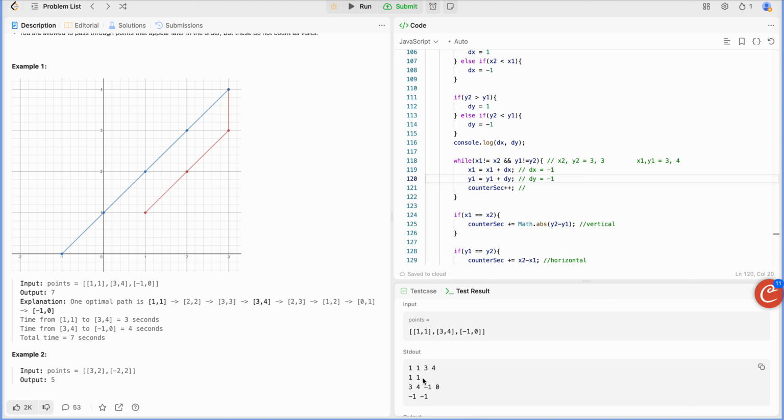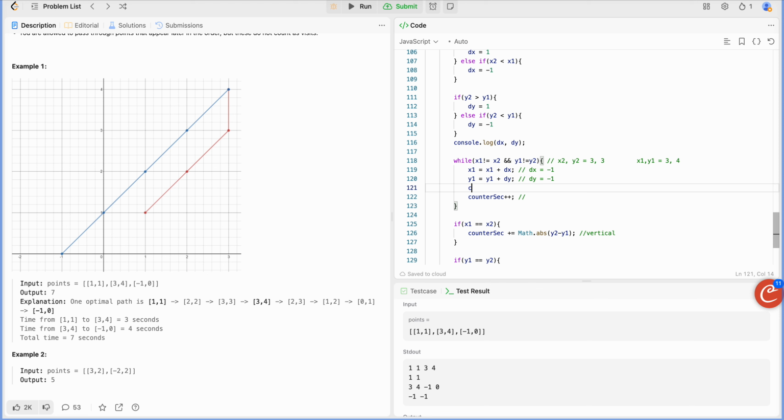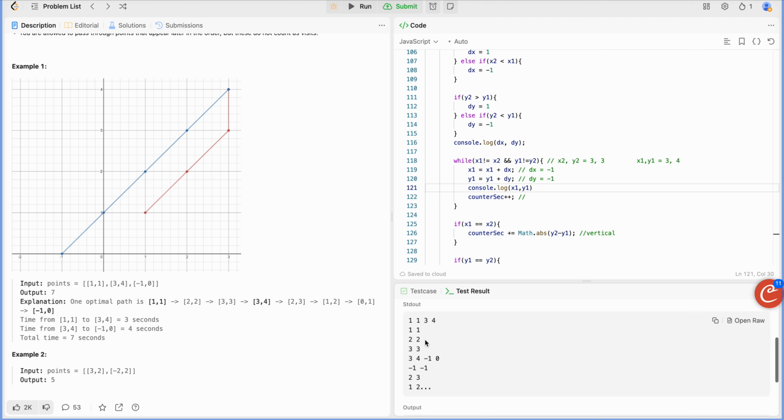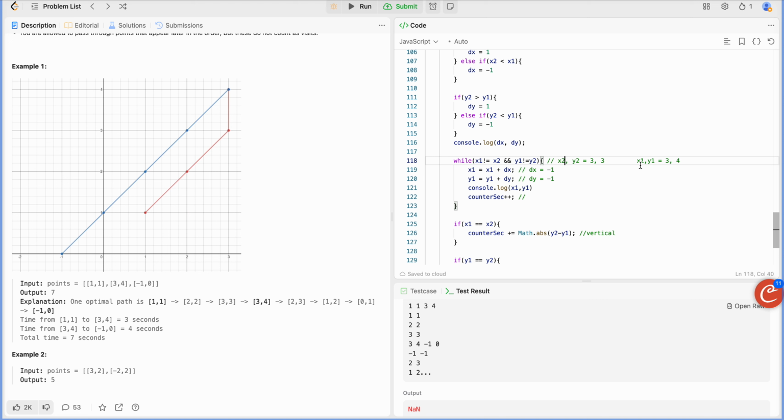So first of all, if it is minus 1, 0, and if it is 3 and 4, then first of all it will be 2, 3, and both should be equal, right?